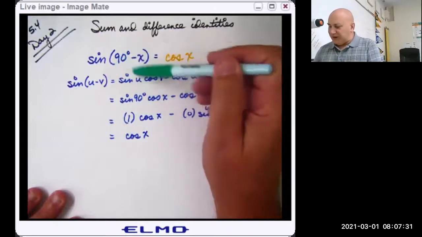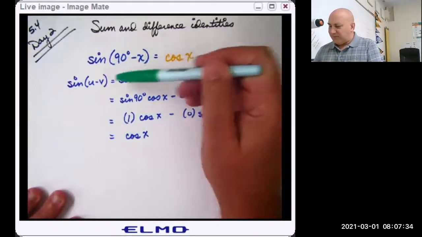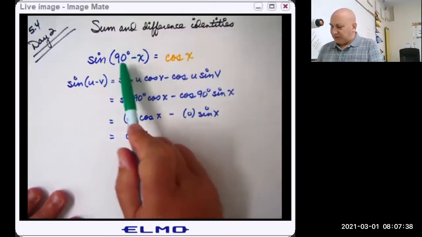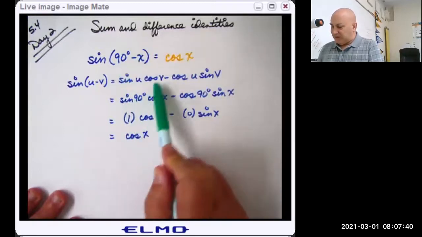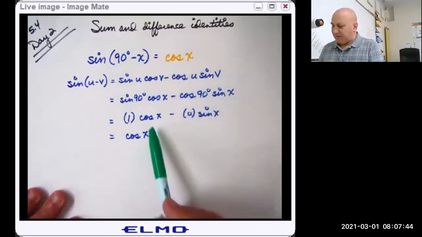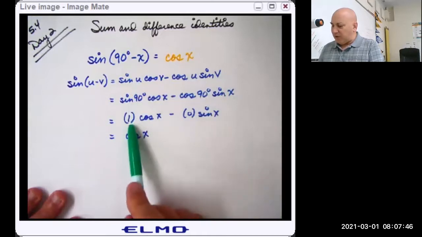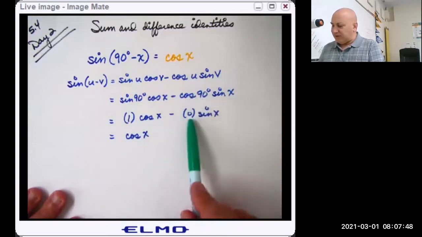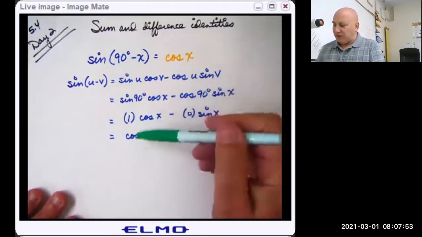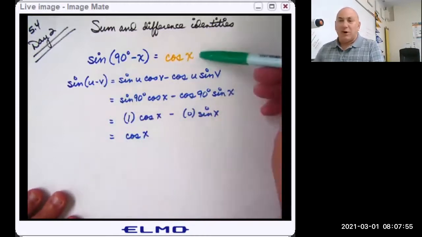So u is 90 degrees, v is x. So I'm going to substitute 90 degrees here, x here, 90 degrees here, x here. Sine of 90 degrees is 1, cosine of 90 degrees is 0. And we've shown using the formula what we could tell by doing a drawing.